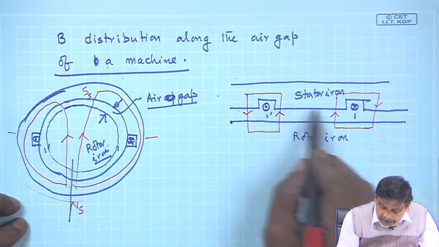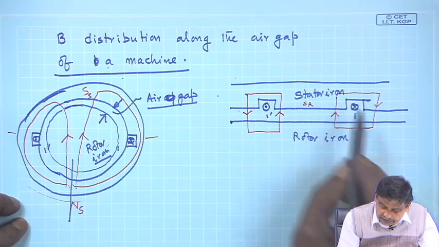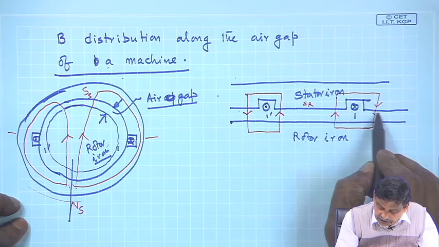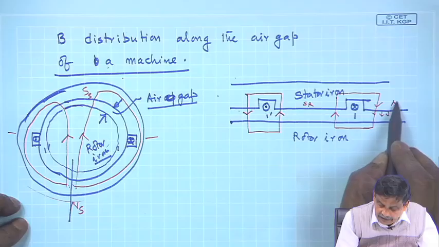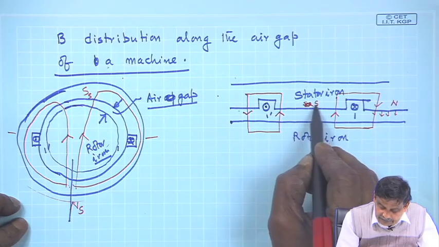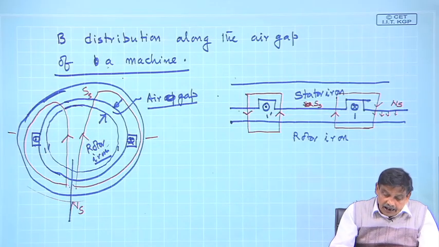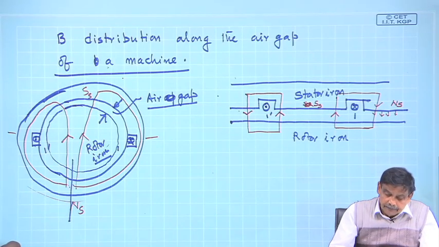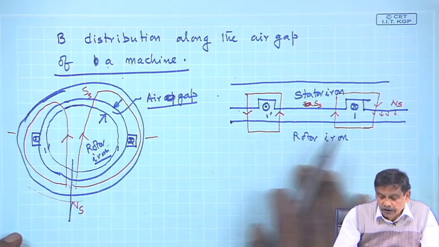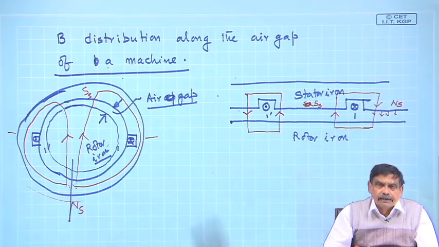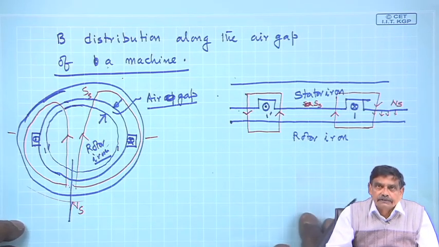So, this space will become stator south pole from this to this, and this space from which lines of force come out of this iron is your NS. Okay. Now, I want to understand what will be the strength of this B and how it will look like. Will its value remain the same? Will it be sinusoidal? Such things I will now discuss.